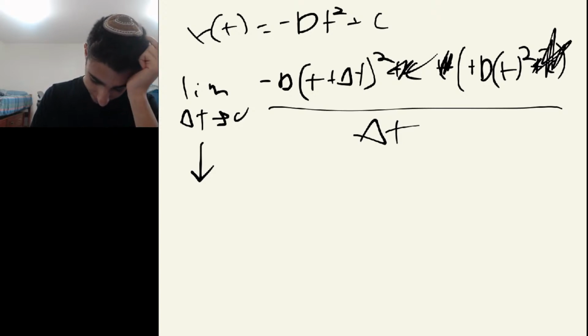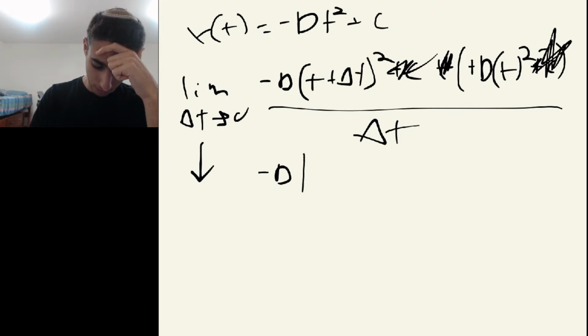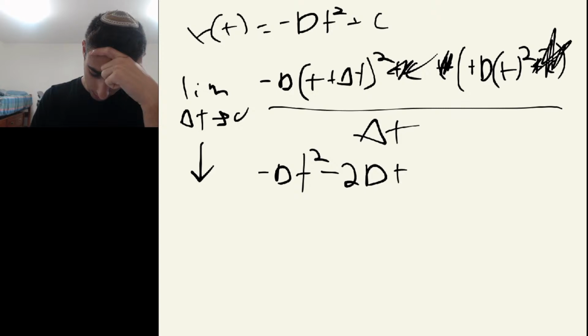We're going to have negative d times, and now let's FOIL all this. So negative d t squared plus 2t, so plus 2 negative d, so actually let's just make it minus 2d t delta t. There you go, that's the second term.